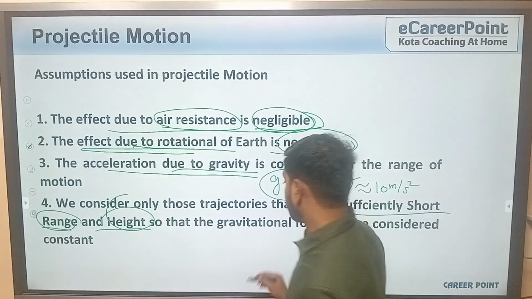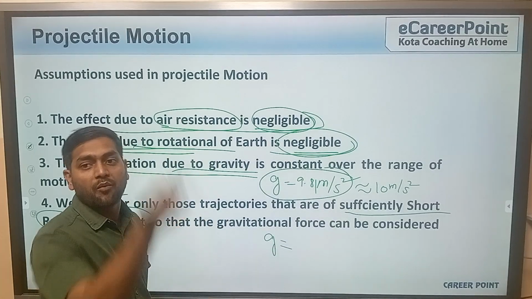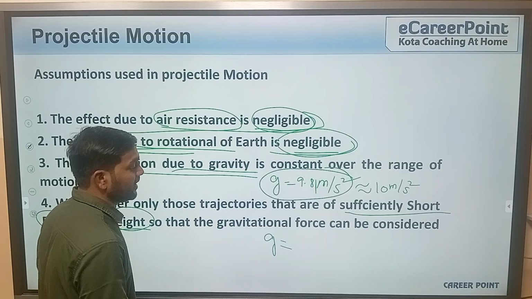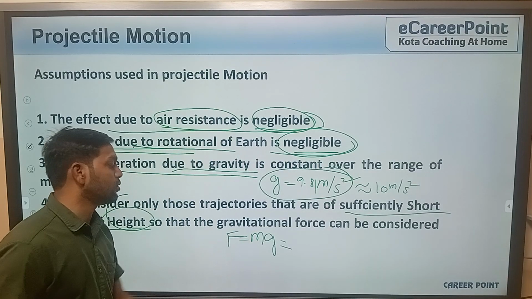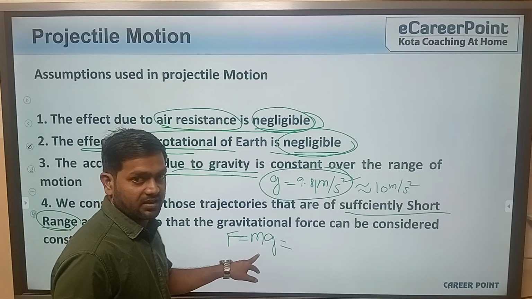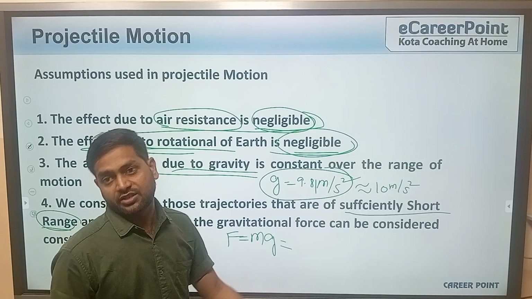If g is constant, then when an object is thrown upwards, the force is also the same. So mg is our force, right? F is equal to mg. m is constant, and g is also constant. Then the force is also constant, right?